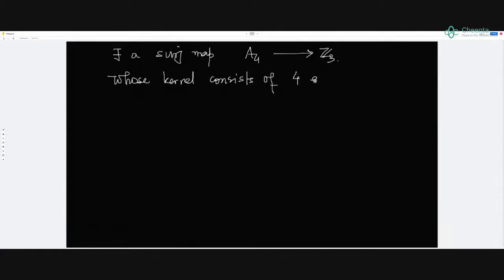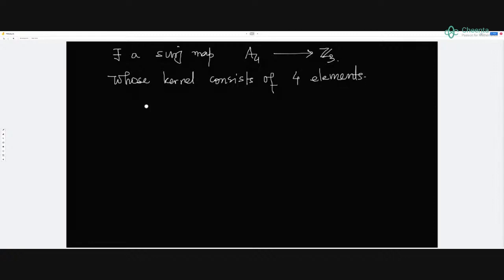So now by this, what we will find is that there exists a surjective map from A4 to Z3 whose kernel consists of 4 elements.